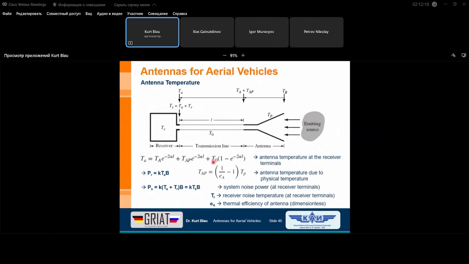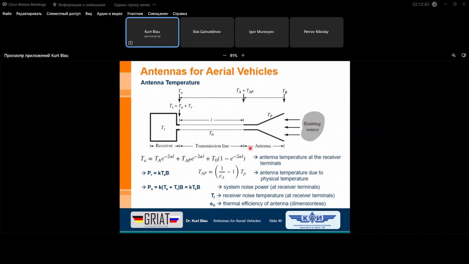And here we have again, because our transmission line is assumed to be lying at our reference temperature, T0, 290 Kelvin here. This is also increased along this transmission line to this value.